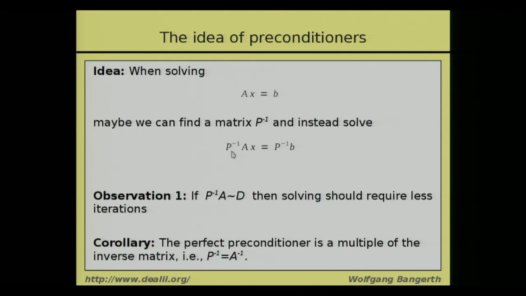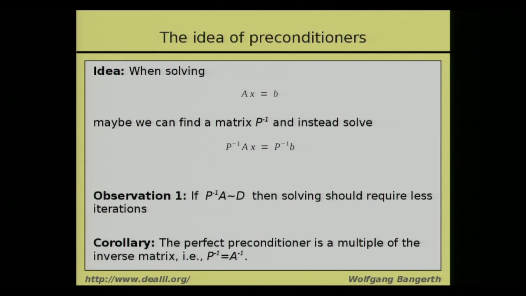Now, if P to the minus 1 A were a diagonal matrix, for example, the identity matrix, but it doesn't really have to be. It can be a multiple of the identity matrix, or it can be any kind of diagonal matrix. Then solving this whole linear system here would be particularly simple, right? I would be done in one iteration if it really leads to a diagonal matrix.